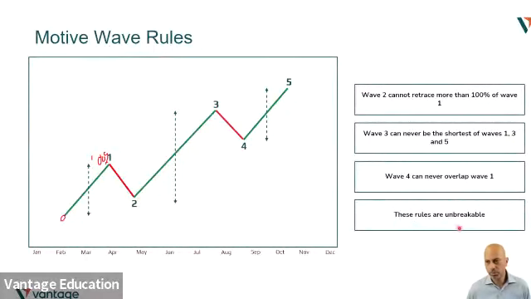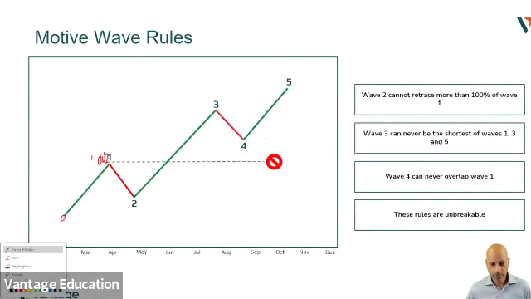These are the unbreakable rules. Oh, sorry, I didn't cover the last one. Wave 4 can never overlap wave 1. What do we mean by that? Wave 4 can never retrace to where wave 1 ended. Think of this as a swing high resistance. When price broke out of this resistance, it became a support. So when wave 4 is correcting, it can never go below this support level.